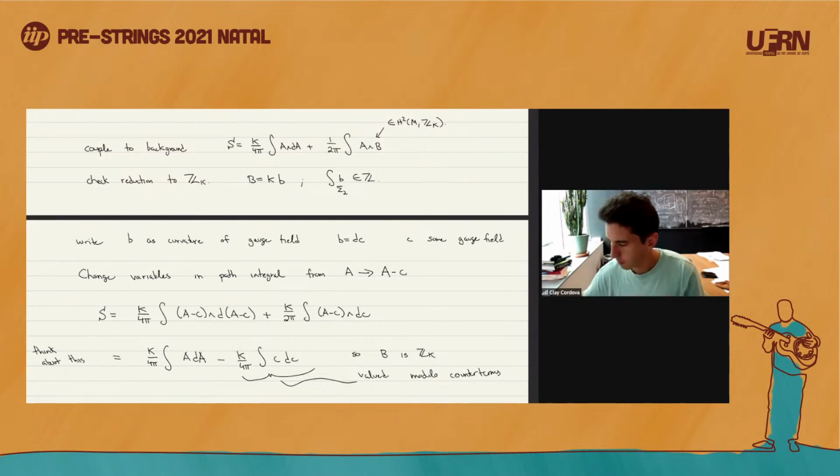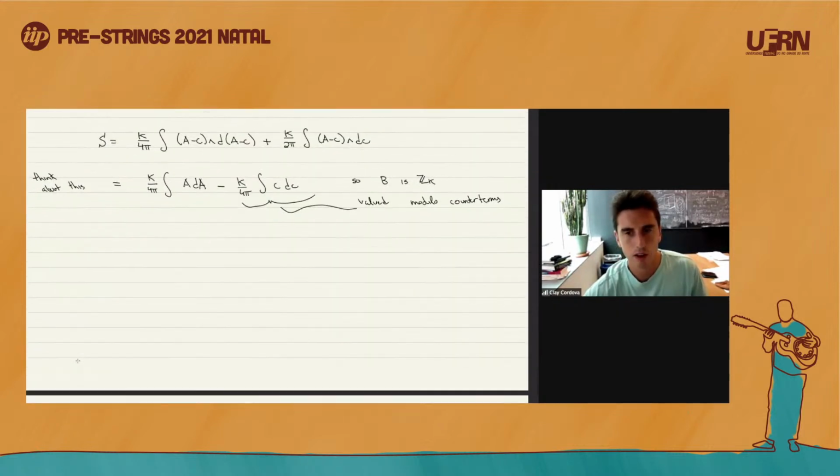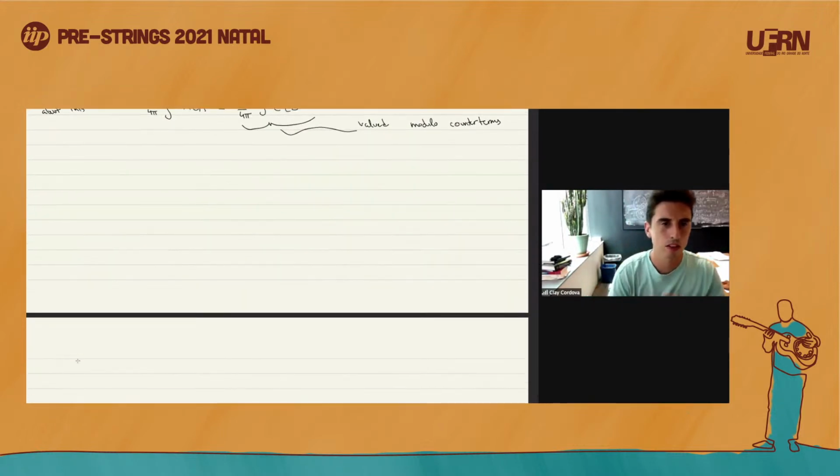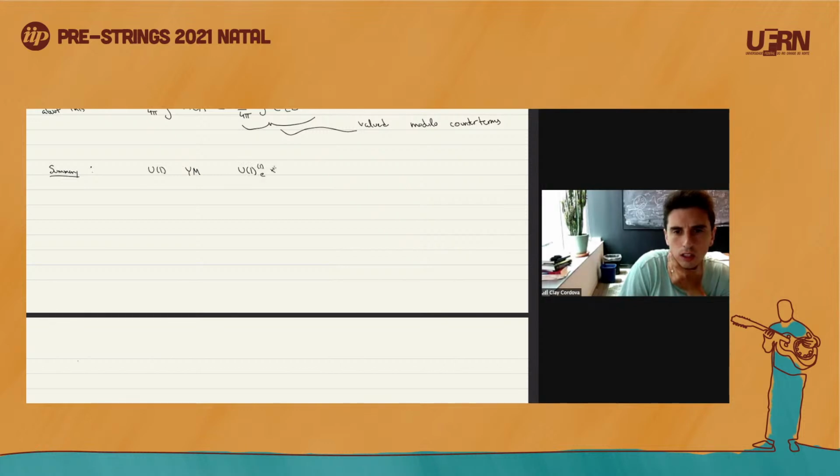Okay, so I want to stop here, having done a few examples. The summary is that you have several examples in your arsenal now. So what's the summary? The examples in your arsenal are: you know that U(1) Yang-Mills in 4D has U(1) electric and U(1) magnetic one-form symmetries, and you know what happens with matter.